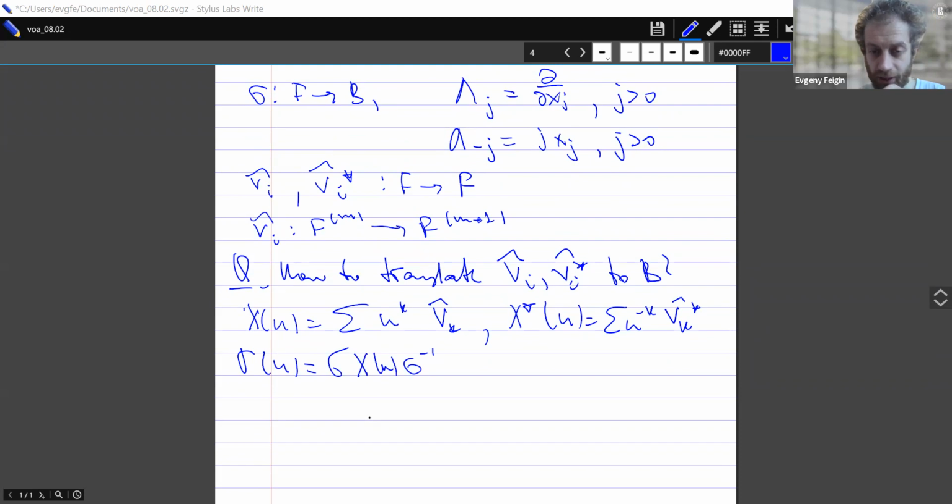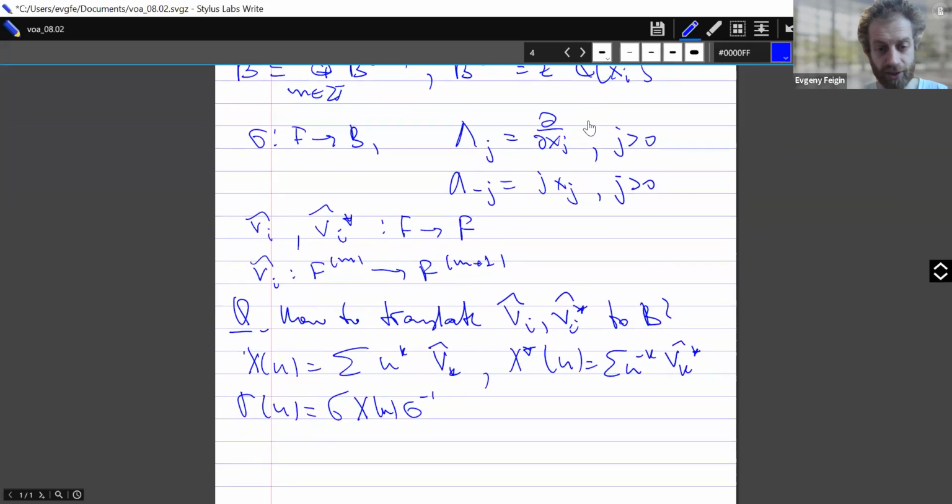So psi hat acts from Fm to Fm plus 1. So Daniel, is it your question, or so this is the point? You're asking about this formula, or? Yes, indeed.